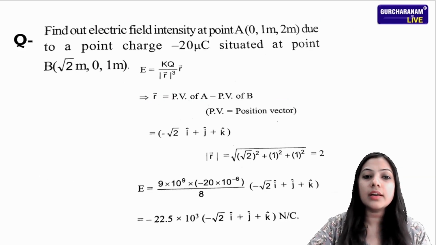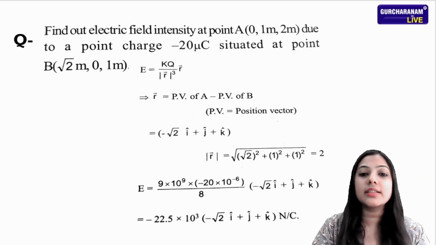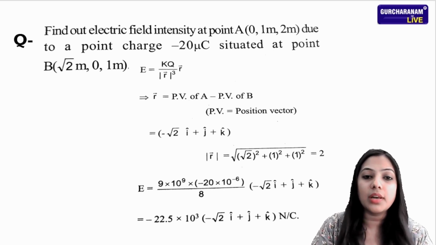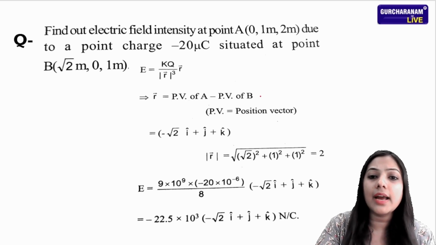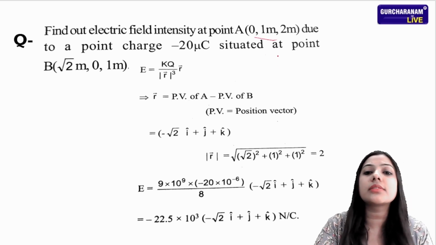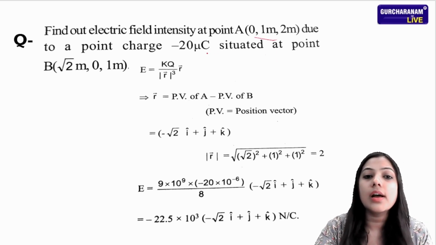Okay, there is a numerical related to this formula. Find the electric field intensity at point A, which is 0, 1, 2, due to a charge of minus 20 microcoulombs situated at point B, which is root 2, 0, and 1. Okay, so this is the question.